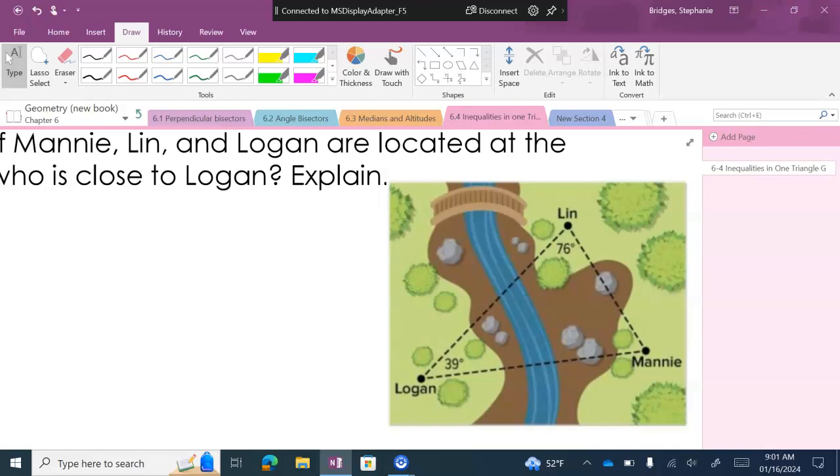You have to do the math to figure it out. If the angle at Logan is 39 degrees, the angle at Lynn is 76. Figure out what the angle is at Manny. Then you can decide which is the shortest side.